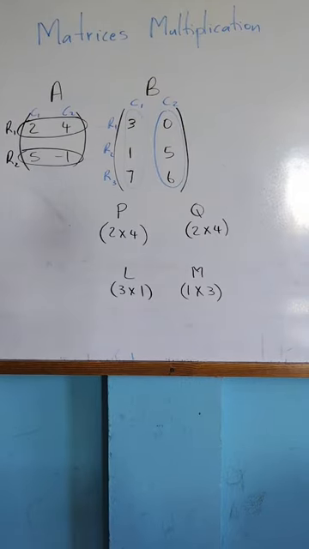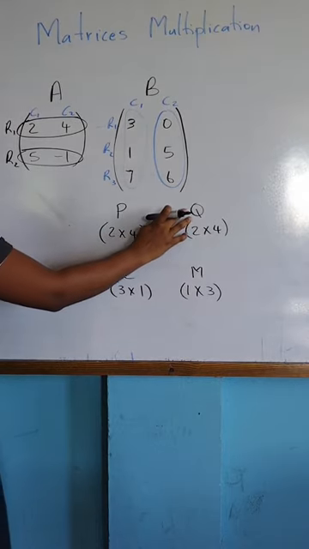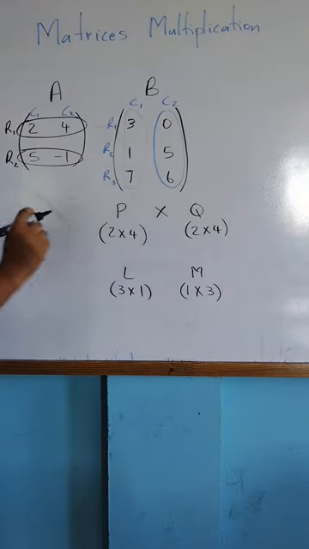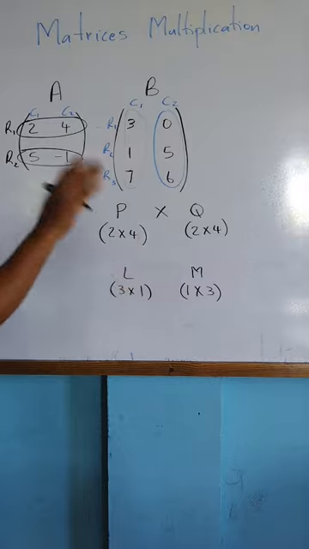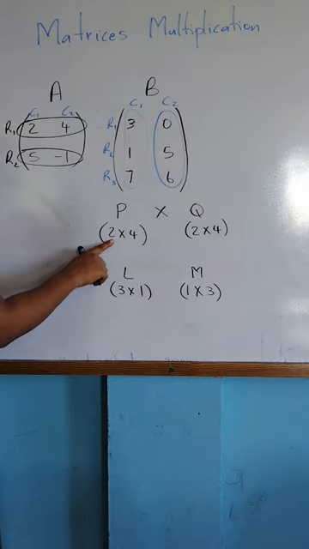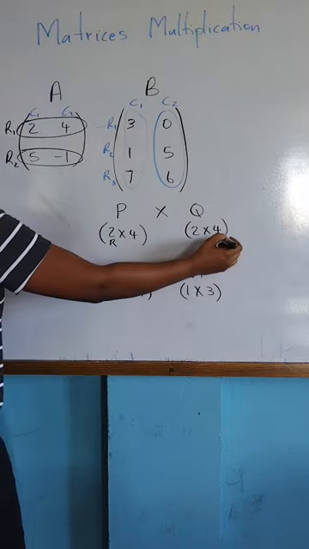Alright, ready to check with me? Let's say I have matrix P, which is a 2 by 4, and matrix Q, which is a 2 by 4. And they say P times Q. Now I'm going to check. I know that if I multiply, I will use the rows from the first one to multiply the columns from the second one.